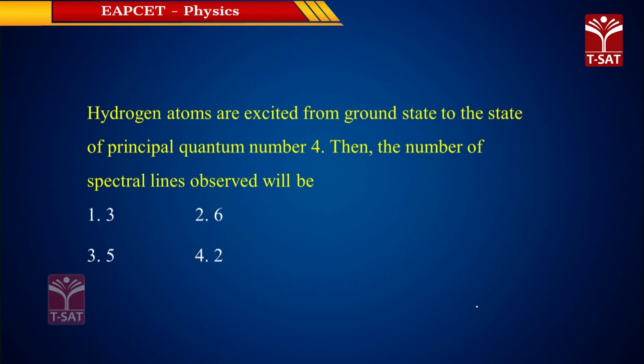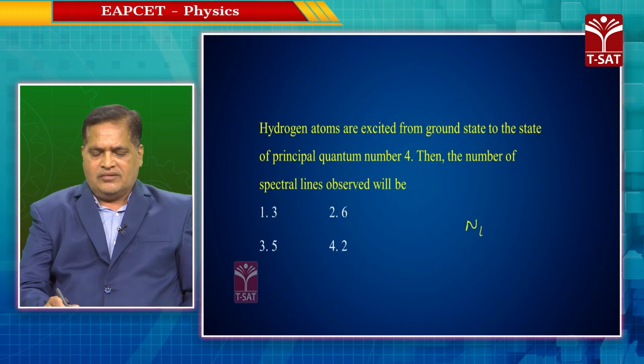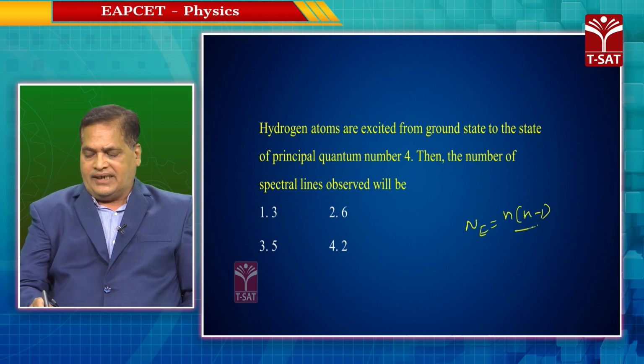Okay, and here the hydrogen atoms are excited from ground state to the state of principal quantum number 4. Then the number of spectral lines observed will be, here the formula: Ne is equal to n into n minus 1 by 2.